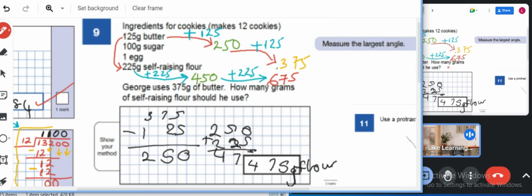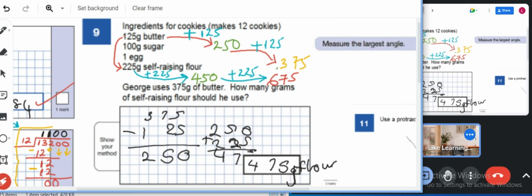I want to be sure you understood how I did it. Yes, sir. First of all, the question given is 375. We know that 125 grams of butter will work with 225 grams of self-raising flour. We now want to know how much self-raising flour will be needed to work with 375 grams of butter.